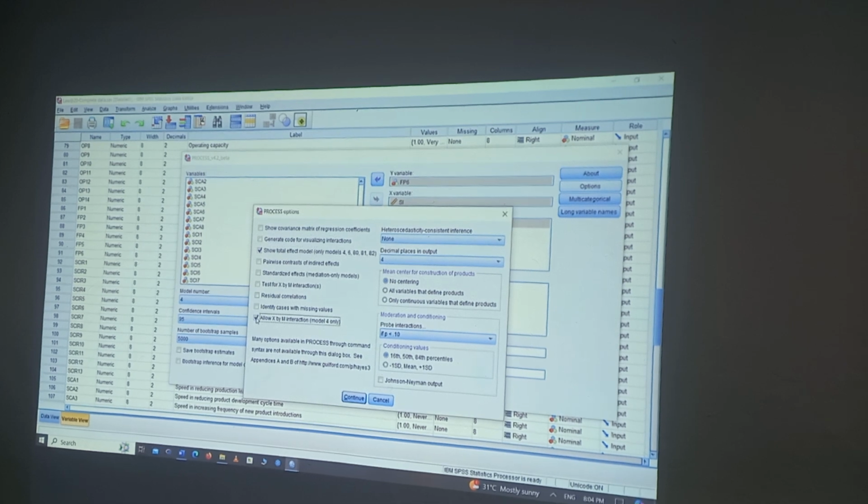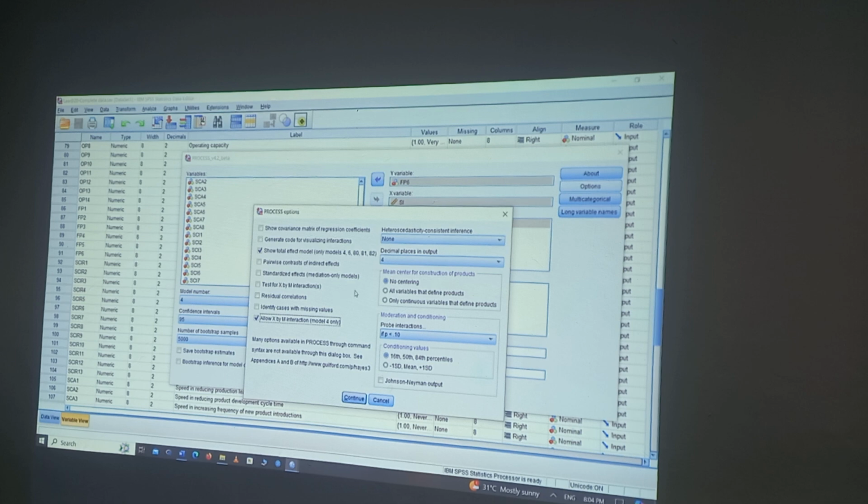That one you can select. Total model effect. Then the last one, identify cases with missing values. No. It says allow X by M interaction model. Look at it, this one I'm talking about. After the identified cases, yours is not there.